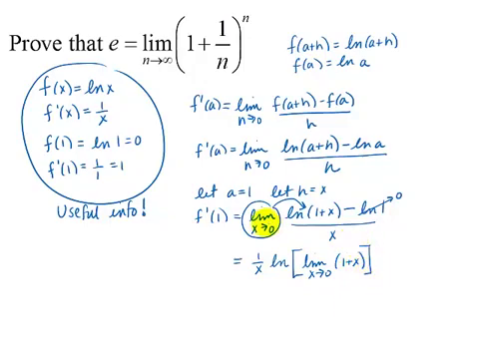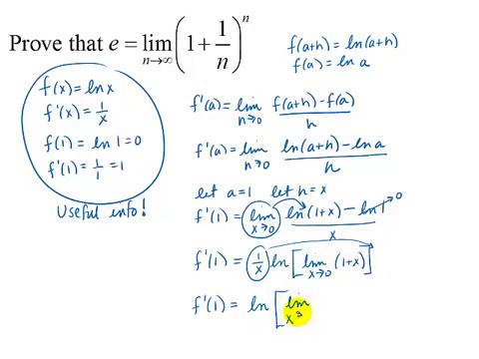According to the laws of limits, you are allowed to do that. You can take the limit of the piece inside of the natural log. And then using the rules of natural logs, we can rewrite this as an exponent on the thing we're taking the natural log of. So we get f prime of 1 equals the natural log of the limit as x approaches 0 of all of that.